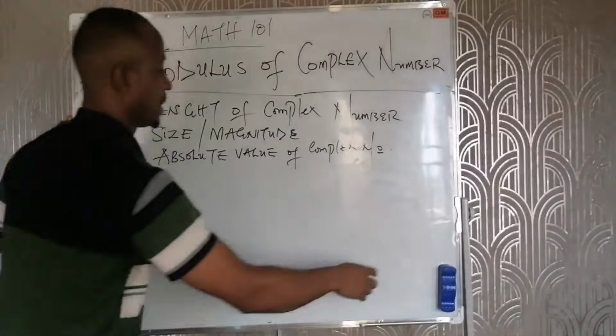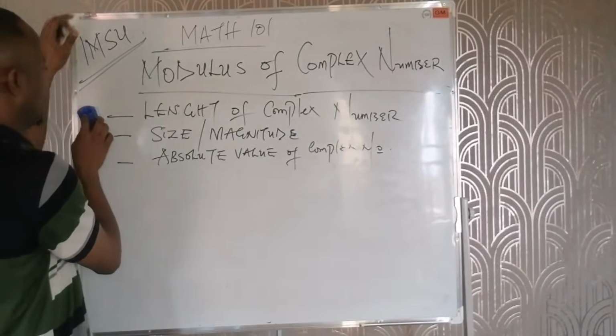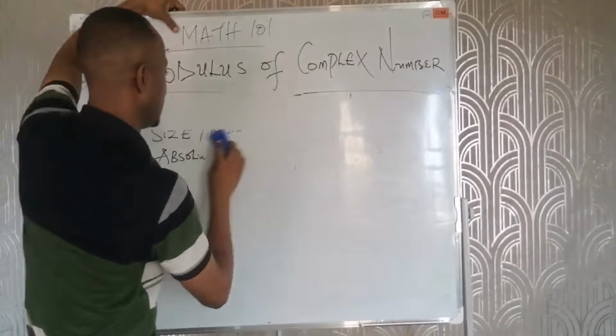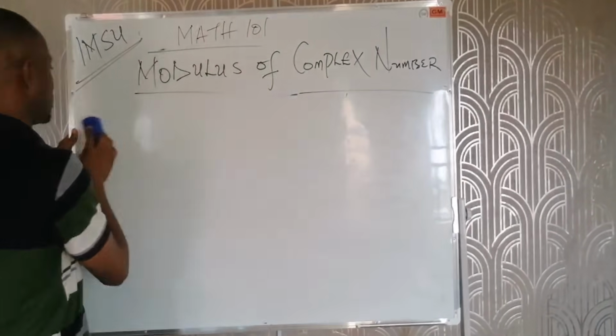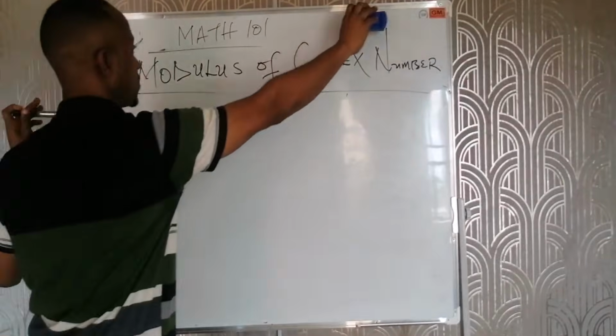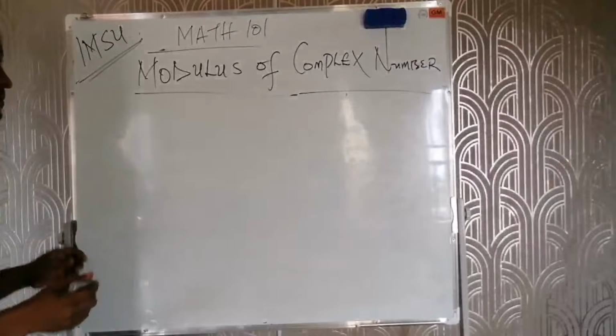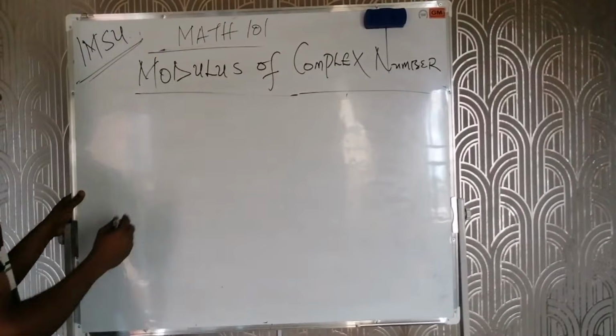Okay. Now I want us to look at it here. I don't want to just derive the formula or give the derivation. Let me just show you a little bit about this modulus of a complex number. Look at this.